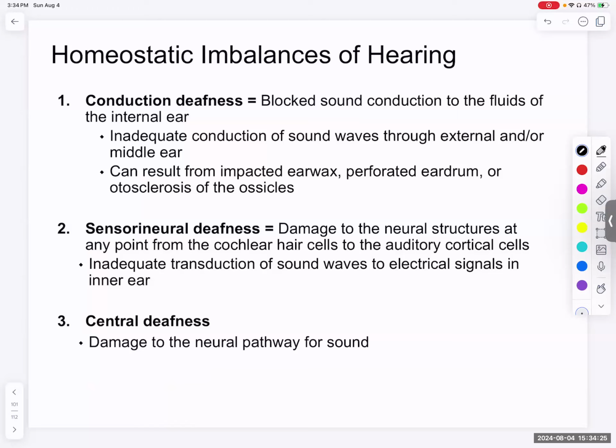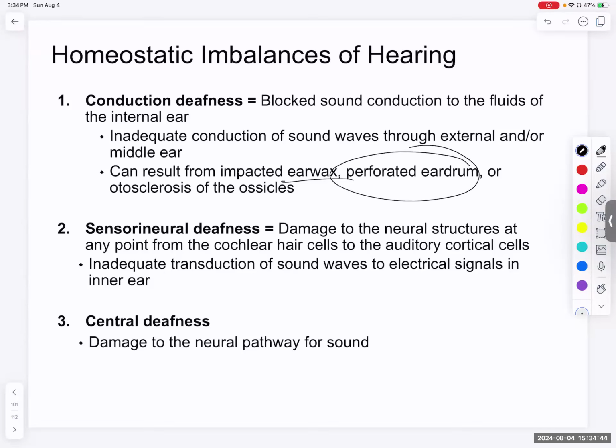Conduction deafness, by the way, is just like it sounds. There's something wrong with the conducting of energy. So it's blocked sound conduction to the fluids of the inner ear, to the perilymph. It can result from earwax in your external acoustic meatus or ear canal.